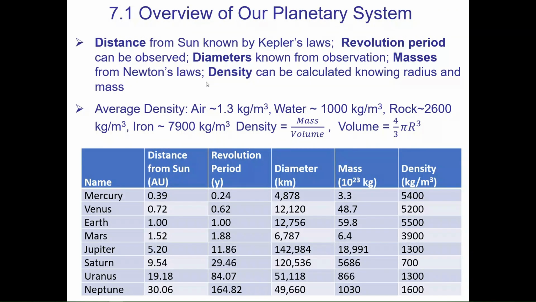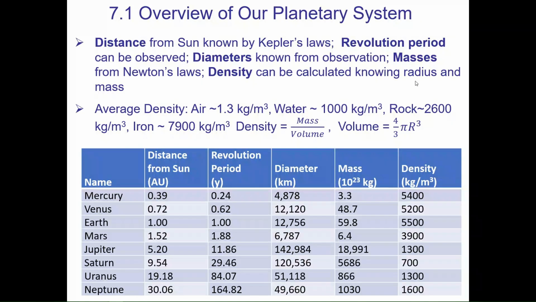How about the density? If you still remember, the formula is also written here. Density equals mass divided by volume. And for the volume, we can approximate the shape of the planet as a perfect sphere.